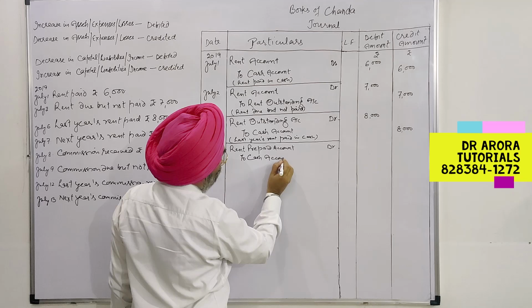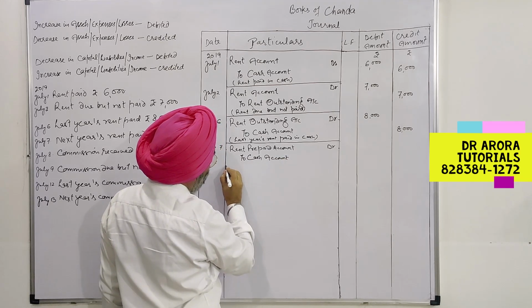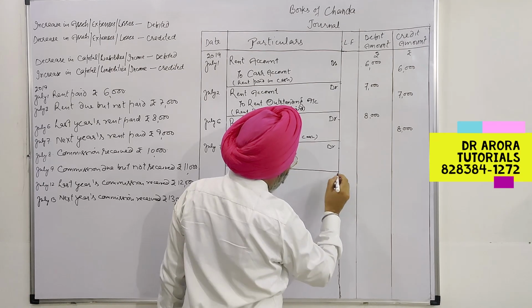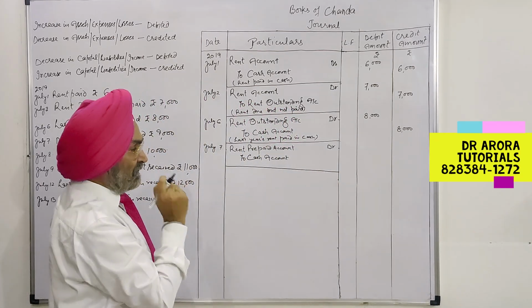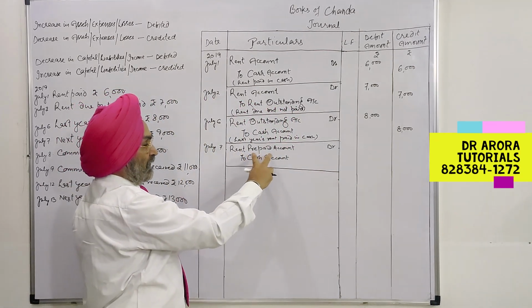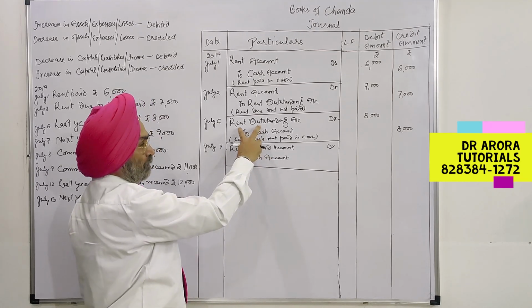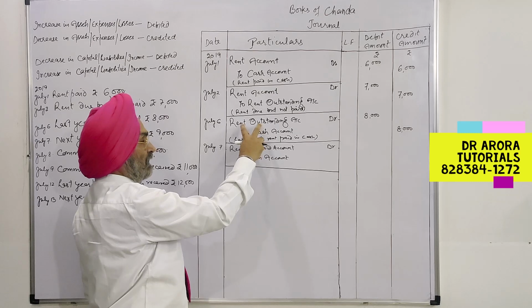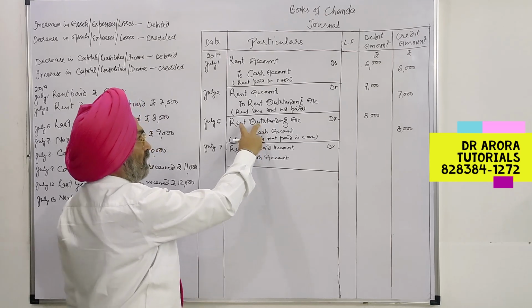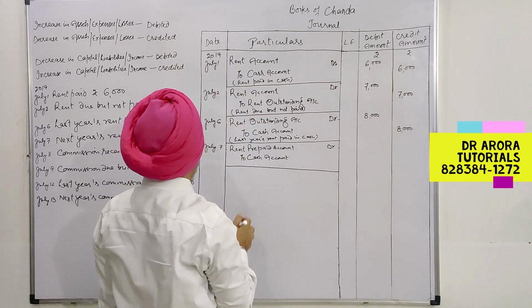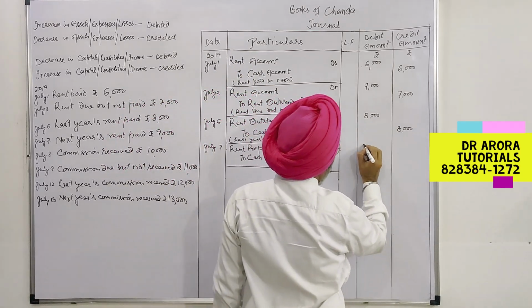So that means rent account will not be debited. Rent account is only for current year's rent. If we pay the rent for next year, it is rent prepaid account. If we pay the rent for the last year, it is rent outstanding account. If we pay the rent for the current year, it is a rent account.